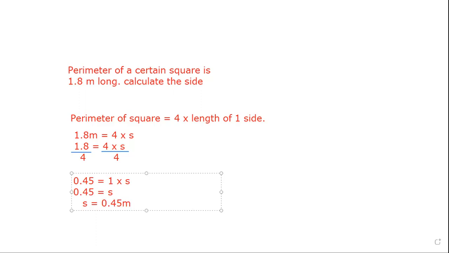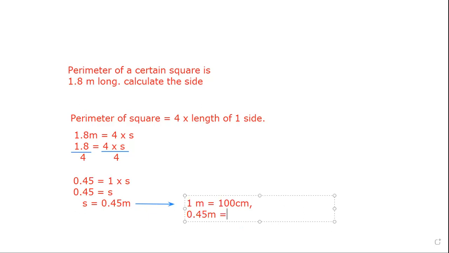0.45 meters. And what we're gonna do, we are going to convert this into centimeters. So 1 meter is equal to 100 centimeters. Therefore, 0.45 meters is equal to 100 multiplied by 0.45.